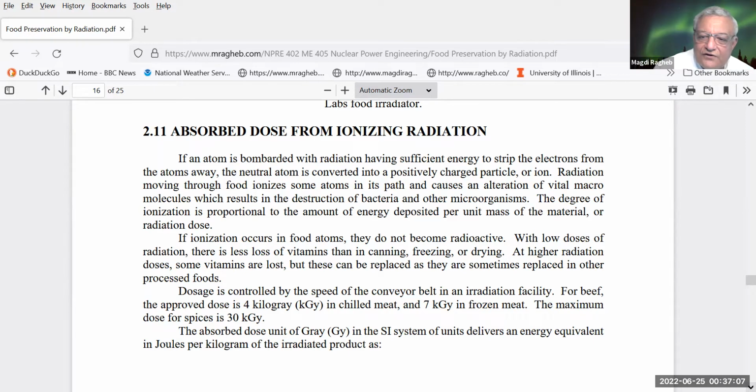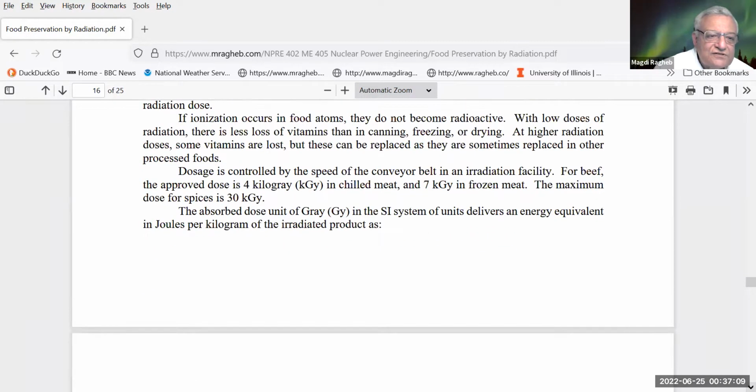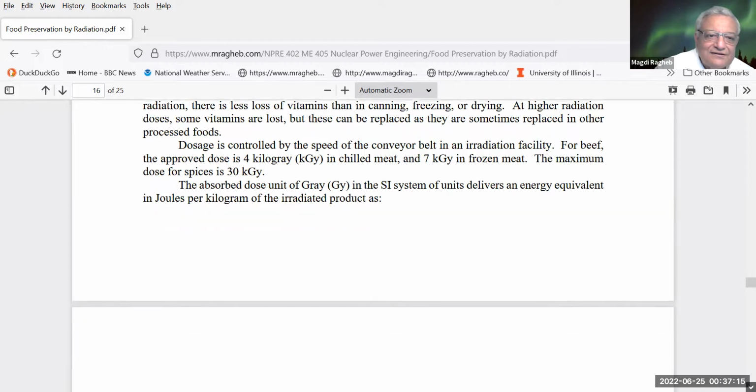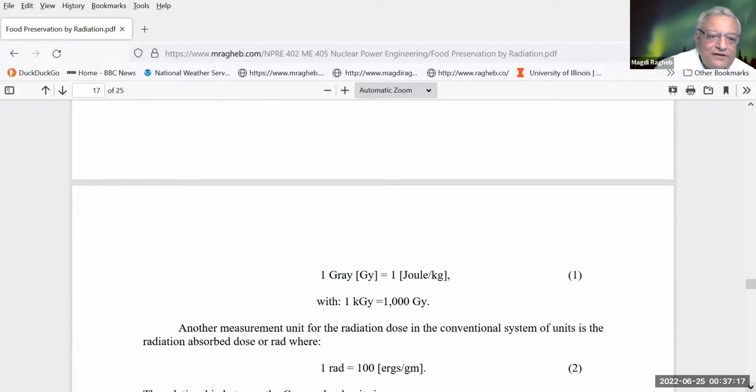So in that case, if you have these irradiation facilities, whether it is for medical products, which is routine, or for food supplies, like we are trying to advocate that they should be used, it is measured by a unit in the SI system of units that we call the gray. Mr. Gray was one of the pioneers in the use of radiation, and to honor him, it is used for the unit in which 1 joule of energy is delivered per kilogram of the material that is irradiated.